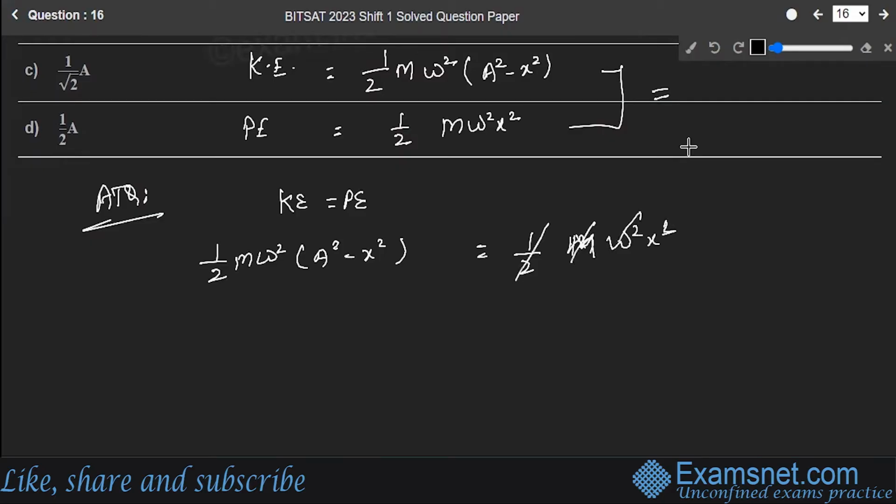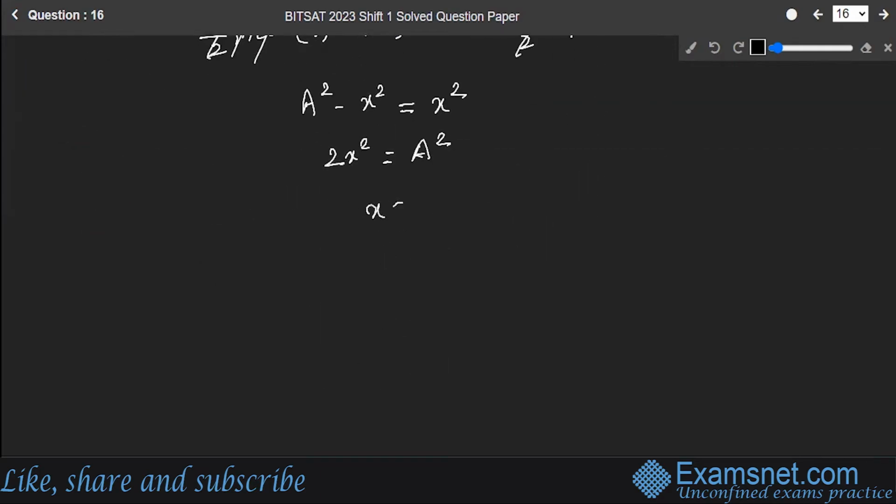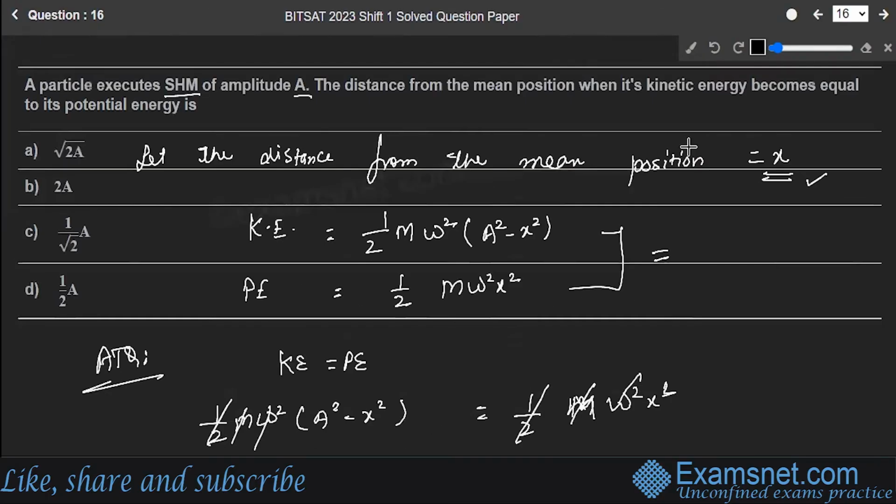So these will cancel out. You will have a square minus x square is equal to x square, or 2x square is equal to a square. I had to find out x. It's given by root of a square upon 2, or this is equal to plus minus a upon root 2. This is option C, the correct option.